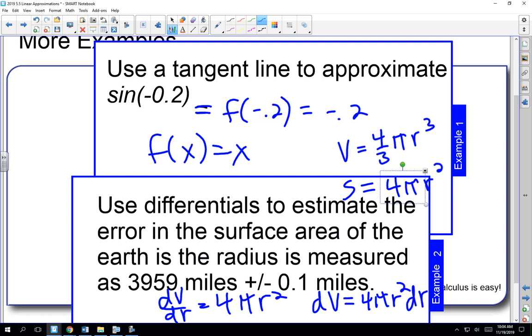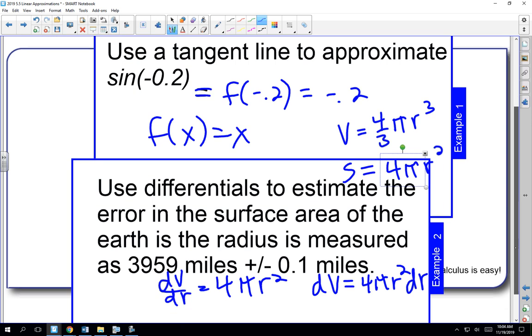And when you solve this, dV equals 4 pi r squared dr, where dr represents, remember, delta r. What does delta represent? Change. What's the change I'm suggesting here? It's a plus or minus thing, which is 0.1. What's the radius that was initially measured? 3,959.